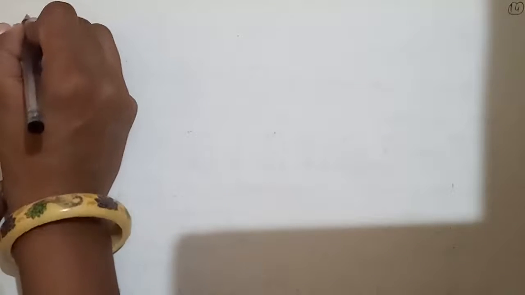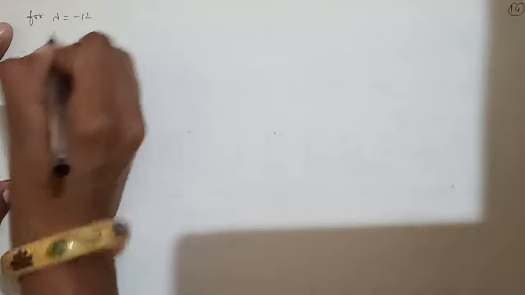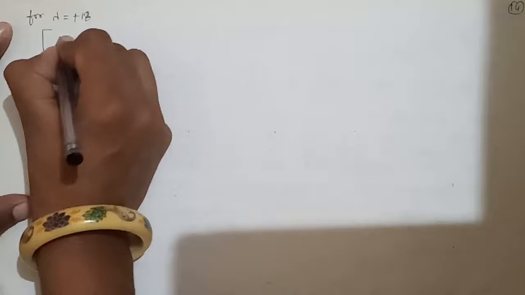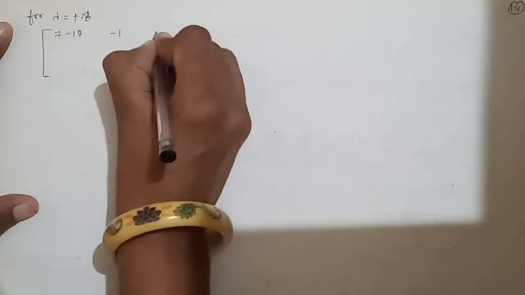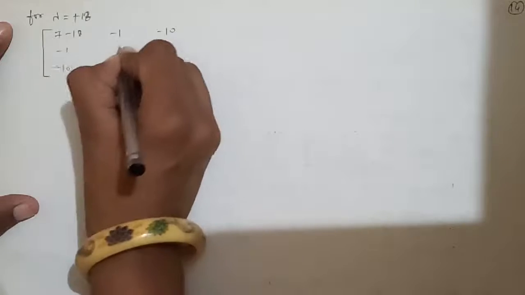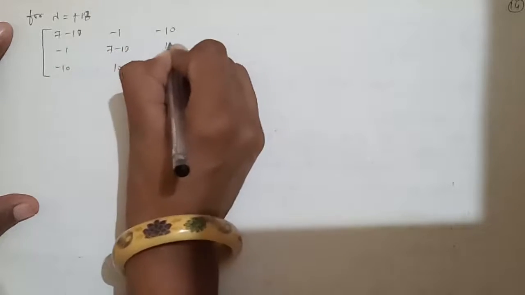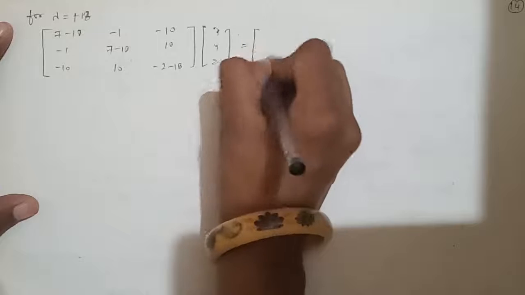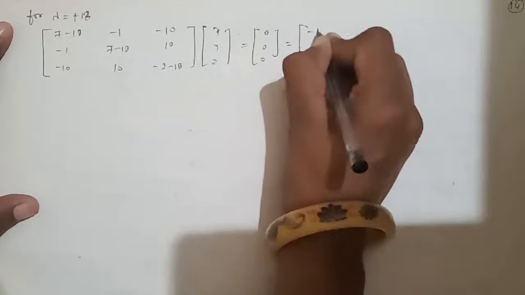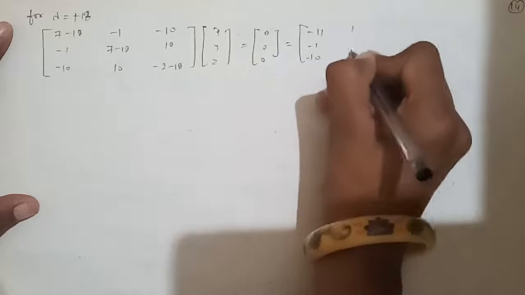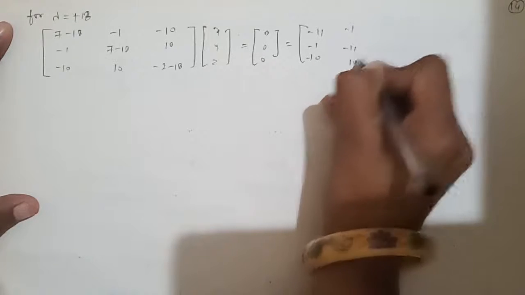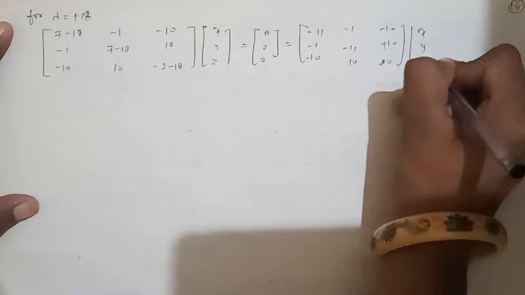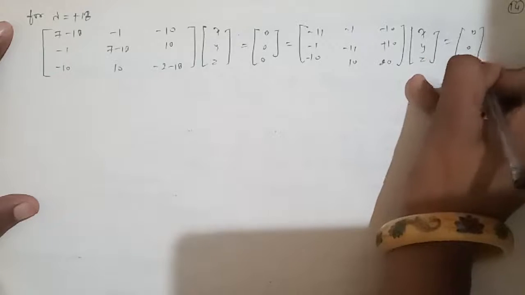Now for the third eigenvector, for lambda is equal to 18. The matrix is 7 minus 18, minus 1, minus 10; minus 1, 7 minus 18, 10; minus 10, 10, minus 2 minus 18, times x, y, z is equal to 0, 0, 0. This is equal to minus 11, minus 1, minus 10; minus 1, minus 11, 10; minus 10, 10, minus 20.